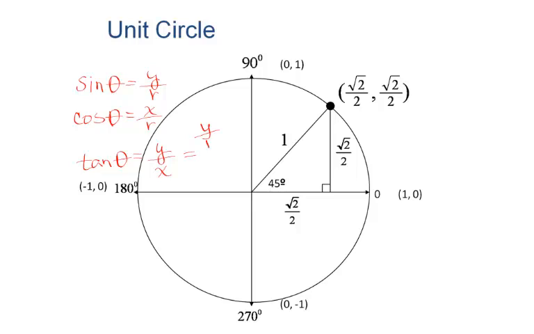Is that the same value algebraically as that right there? Is it true that y over x over r algebraically cleans up to y over x? It's absolutely true. Notice that's the sine of theta. That's the cosine of theta.